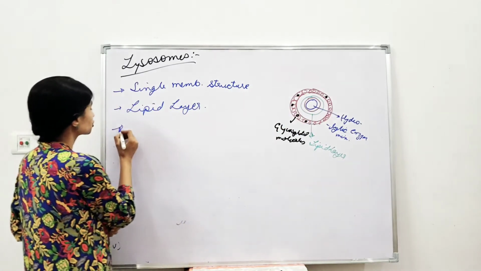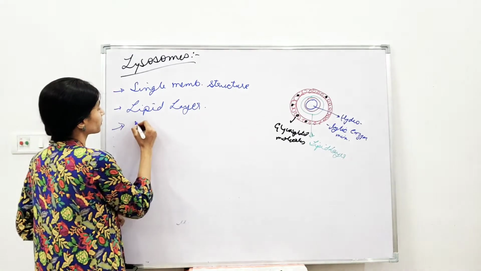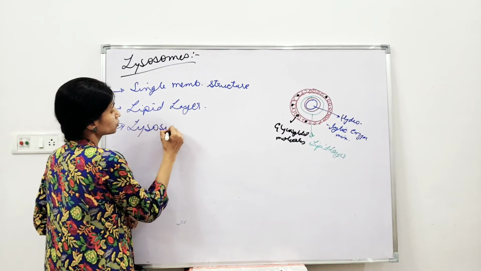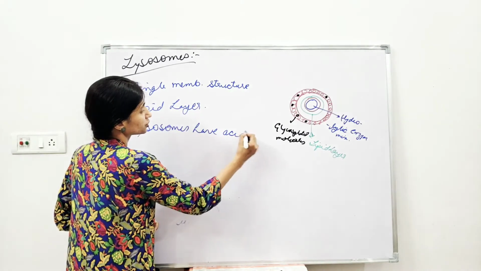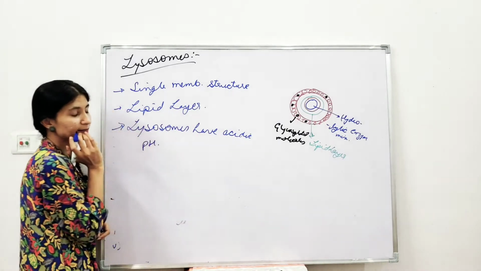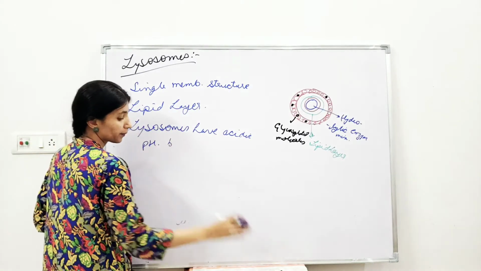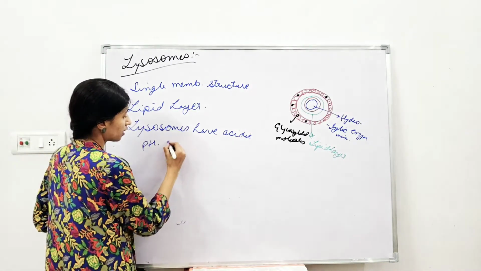So lysosomes have an acidic pH. This acidic pH is around 5.